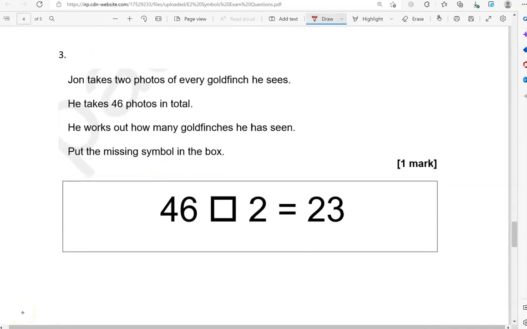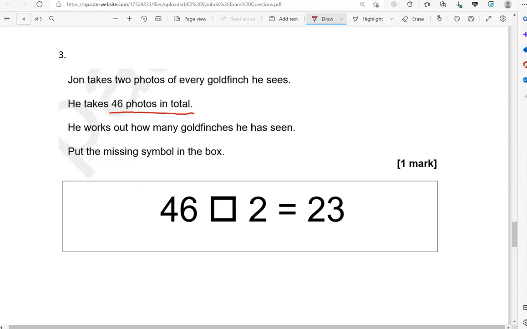John takes 2 photos of every goldfinch he sees. He takes 46 photos in total. He works out how many goldfinches he has seen. Put the missing symbol in the box. So 46 photos in total, 2 for every goldfinch.